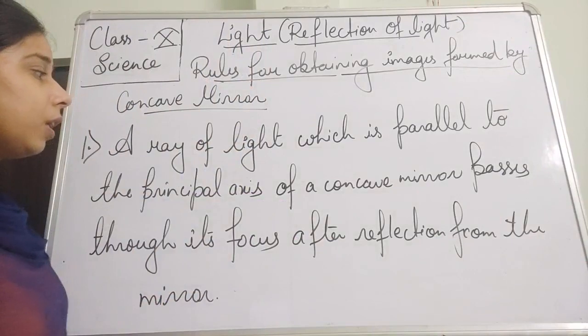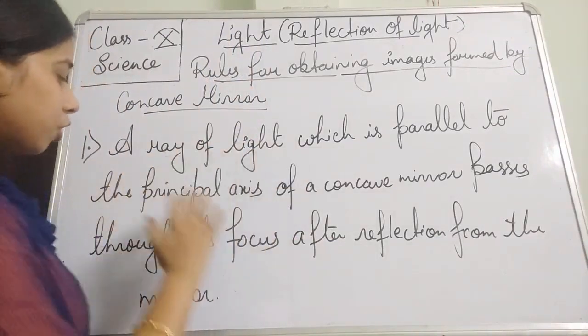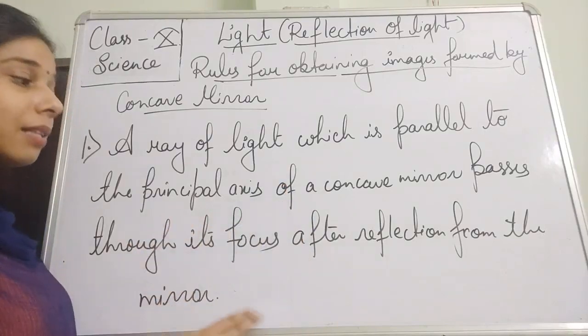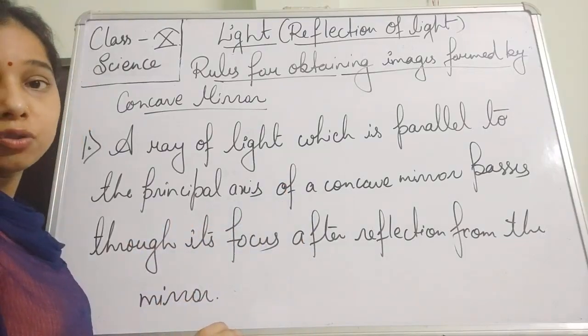See what is given here. When a ray of light which is parallel to the principal axis of a concave mirror falls on it, it passes through the focus after reflection. Remember that.